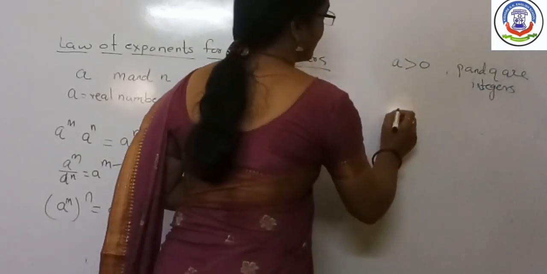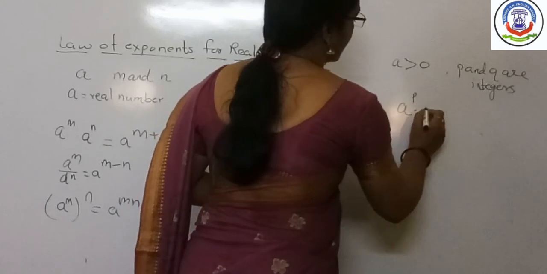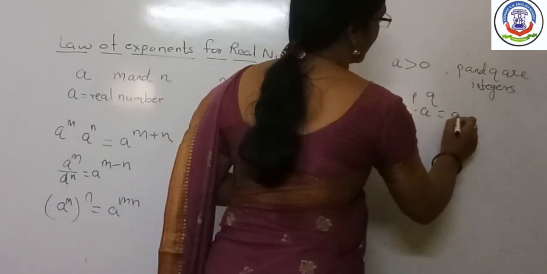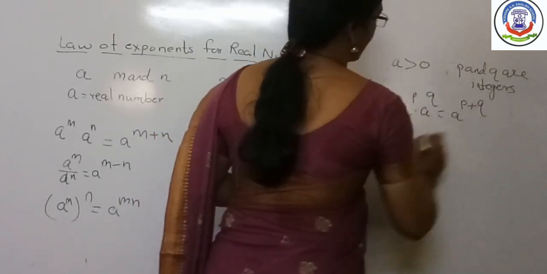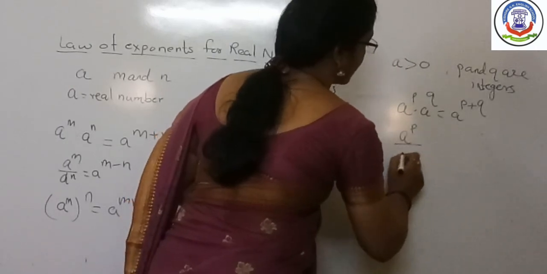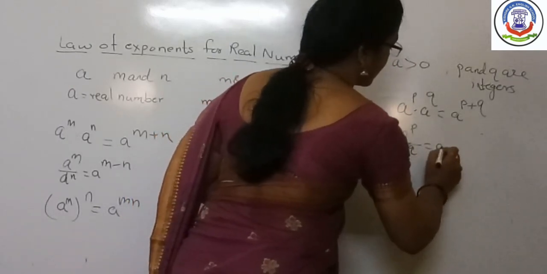Then we will extend these rules: a^p into a^q is equal to a^(p+q).